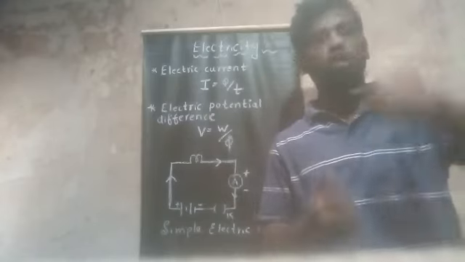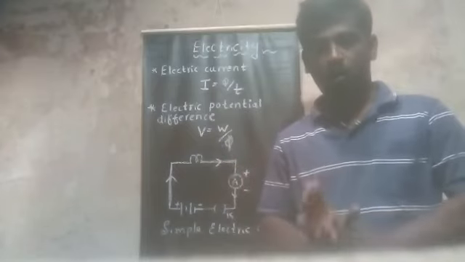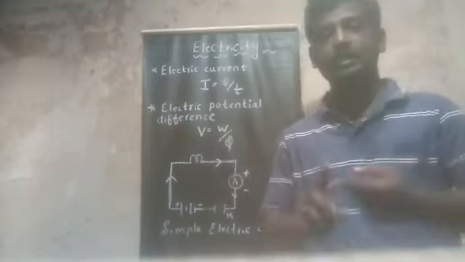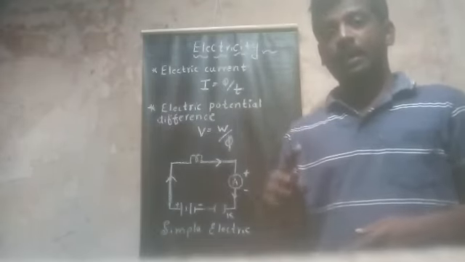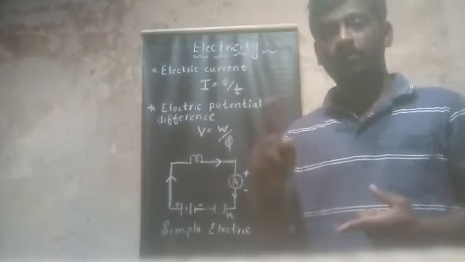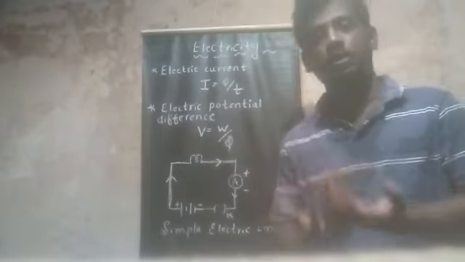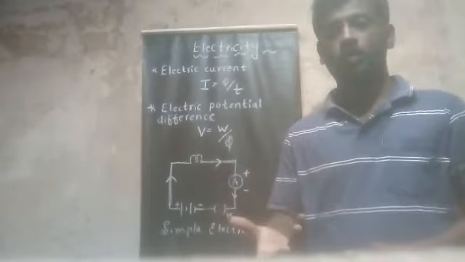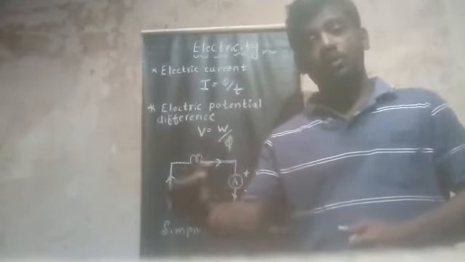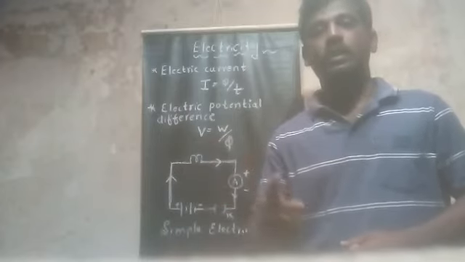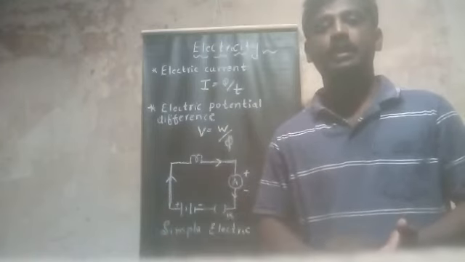If there is any fault in the bulb, or any breakage in the circuit, there is a required continuous path for the flow of current, otherwise it will not flow properly and the electronic component will not be used properly. So the complete continuous path required for the flow of current is called an electric circuit.